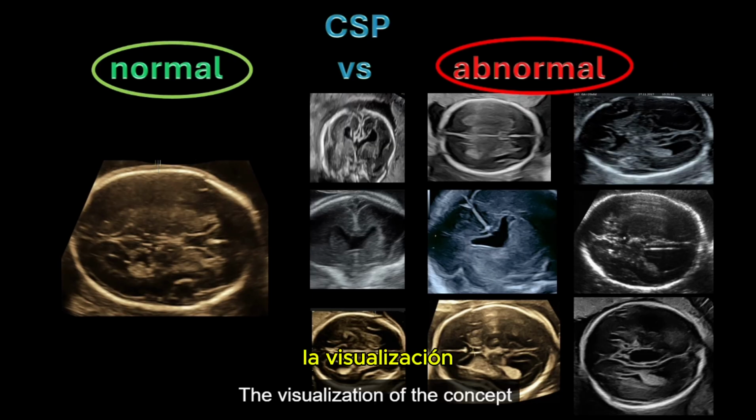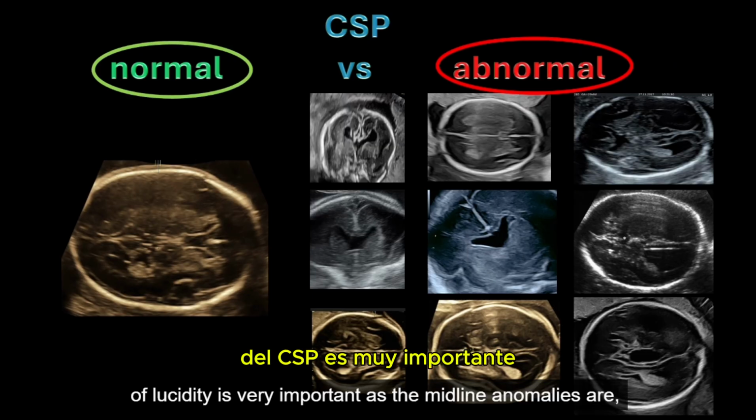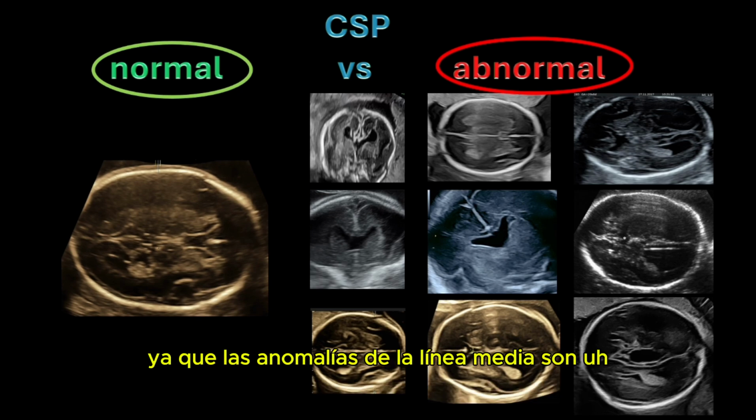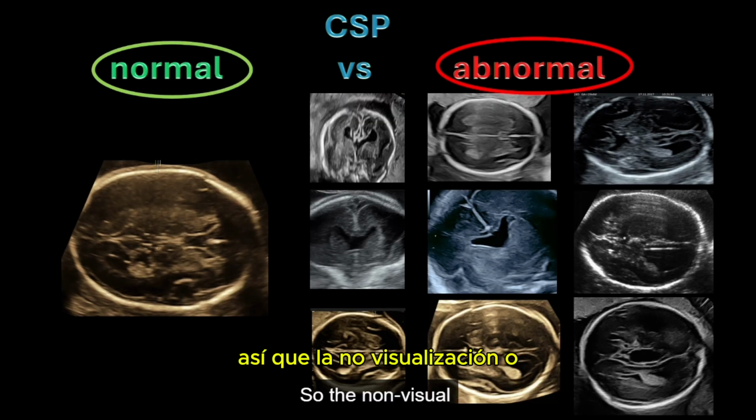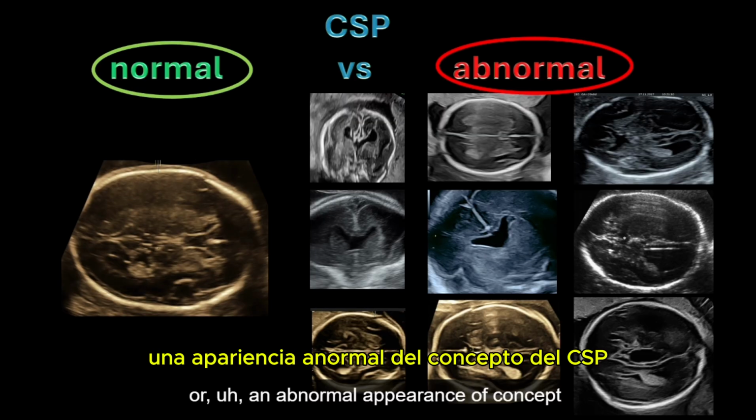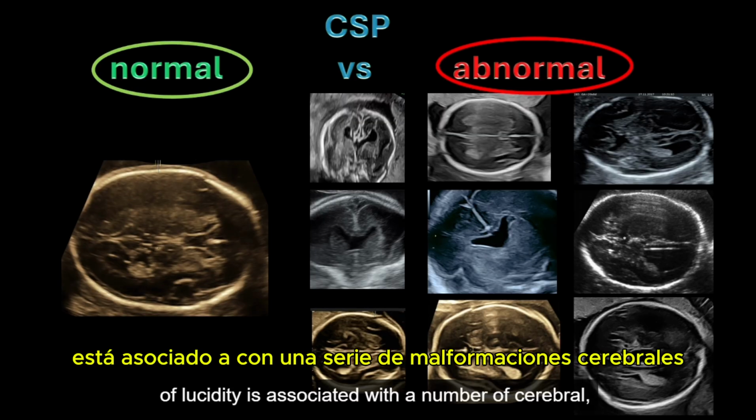The visualization of the cavum septum pellucidi is very important, as the midline anomalies are mainly depicted based on the analysis of the cavum septum pellucidi. So the non-visualization or an abnormal appearance of cavum septum pellucidi is associated with a number of cerebral malformations.